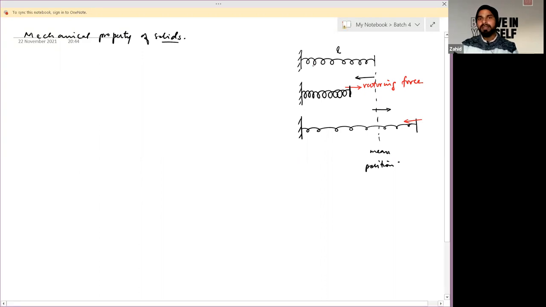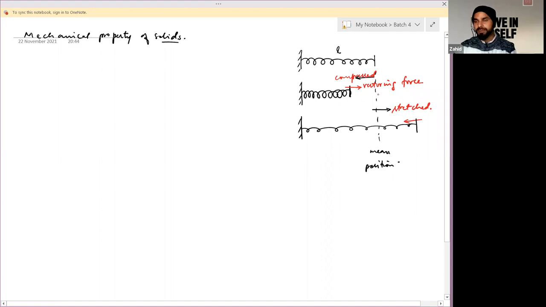Let's say there is a spring having natural length L. It means this position is the mean position. So if you compress it or stretch it, a force gets developed in this spring, which will tend to regain its original shape if you remove your deforming force.